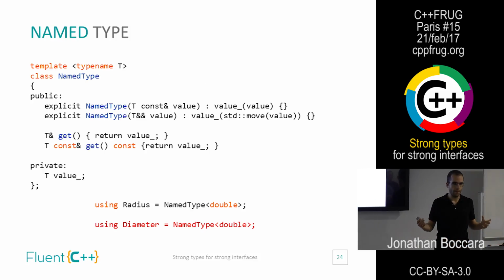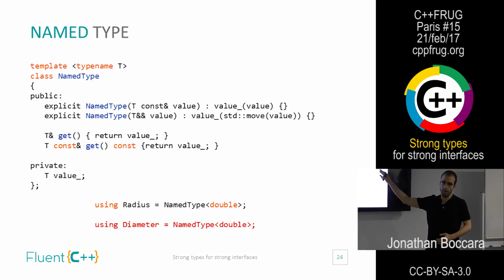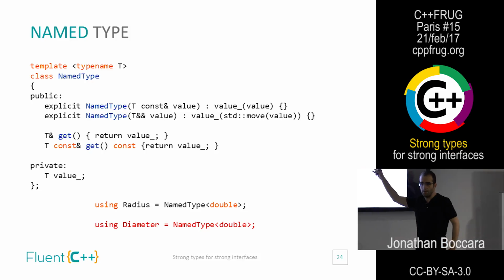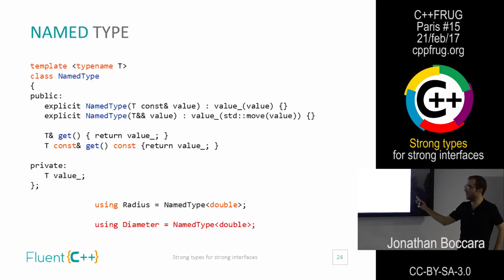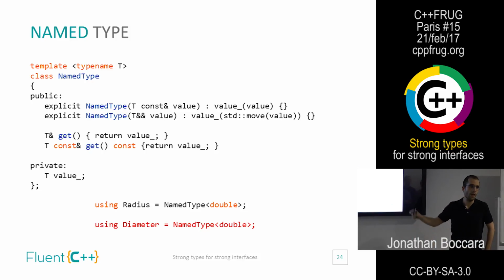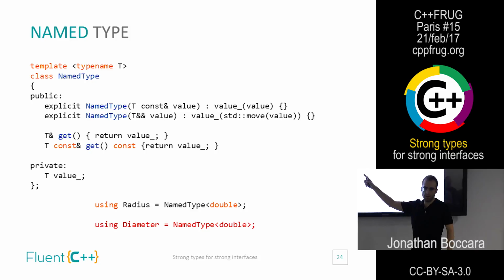Back to the generalization. If I take the radius and the diameter and see what's in common between them, I get approximately that. If I replace double by T to make it generic, I get approximately that. Approximately, because there are just a few more things in that one which are dealing with constness.